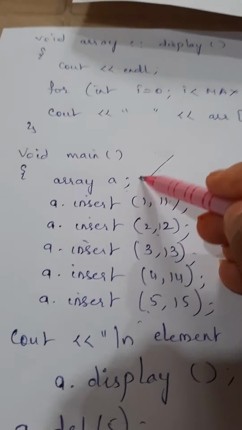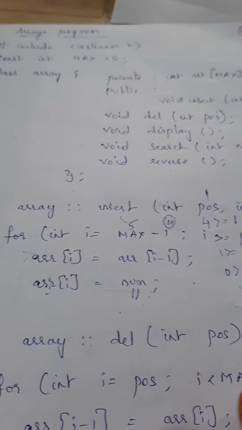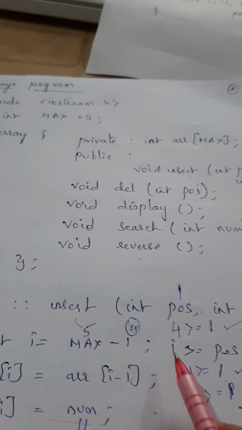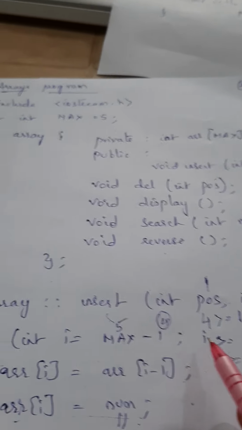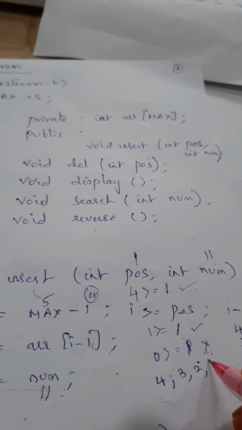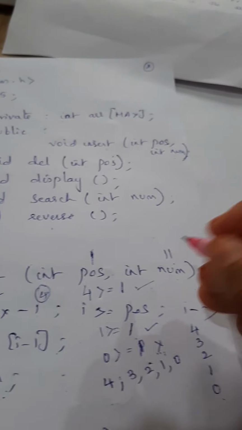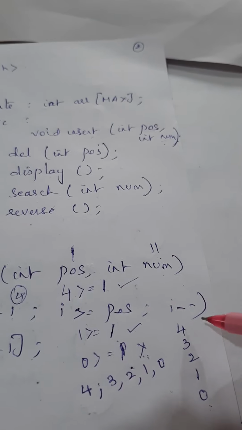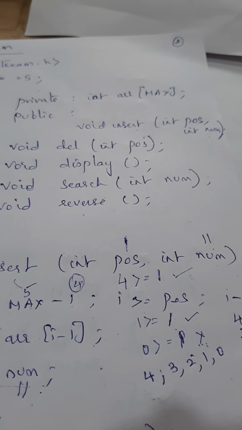This is the position in which you are entering and this is the element that you have to enter. Each and every time you call this function, the value of I goes on decreasing. The value of I will become 4, 3, 2, 1 and 0.